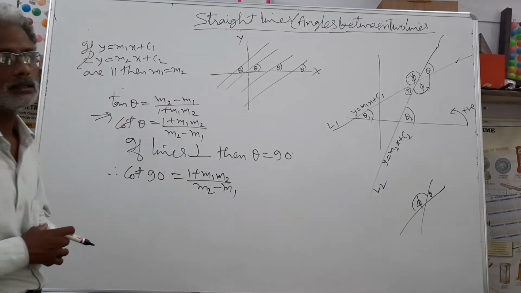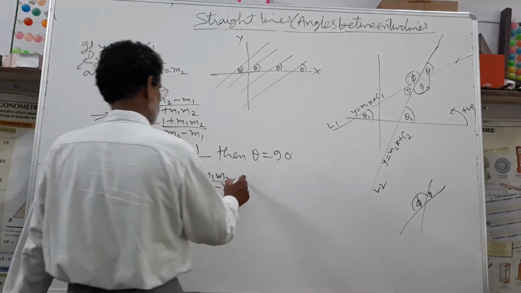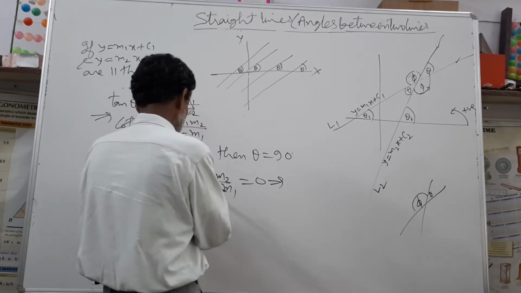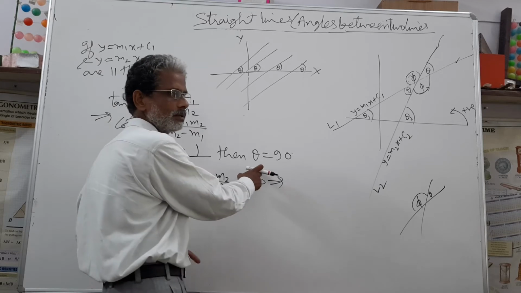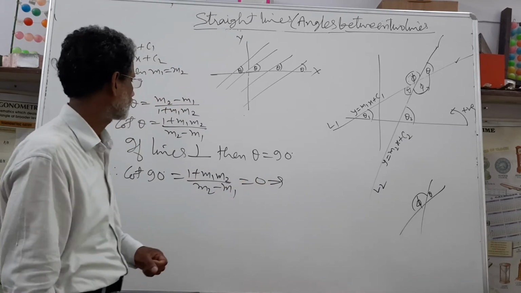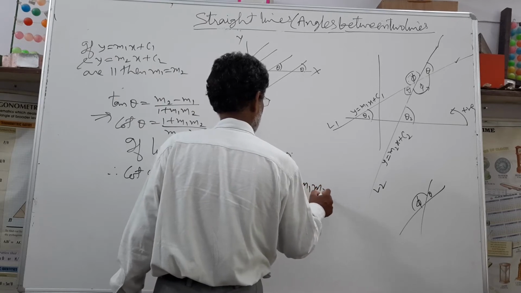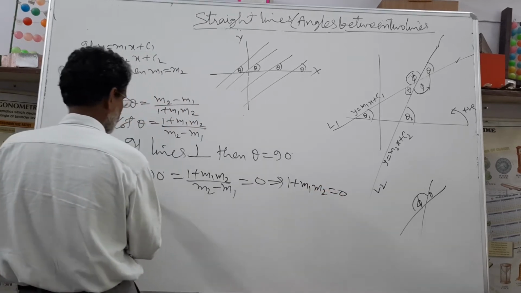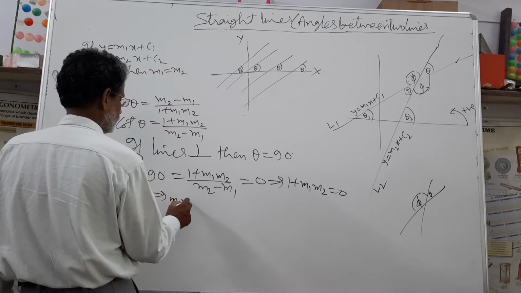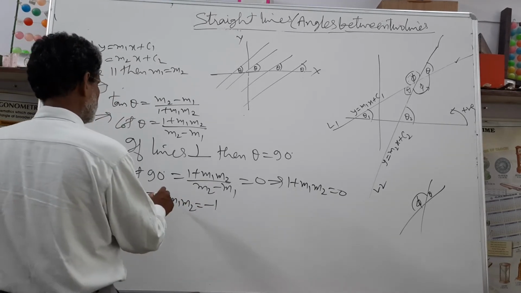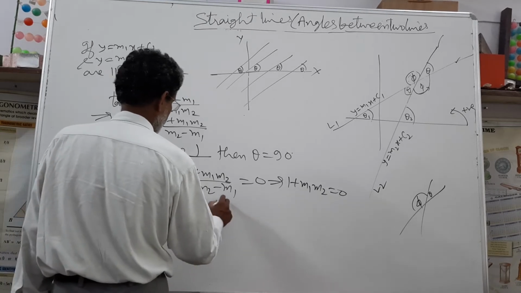But cot 90 is 0, so 1 plus m1 m2 upon m2 minus m1 is equal to 0. This implies 1 plus m1 m2 is equal to 0, which implies m1 m2 is equal to minus 1. This is the condition for perpendicularity.